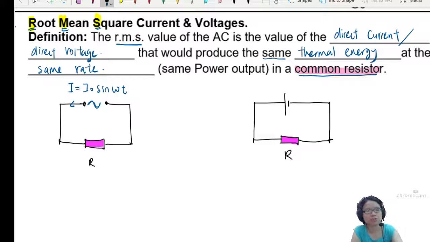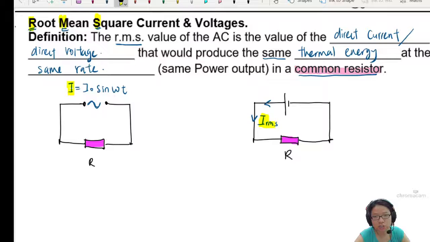So there are two directions. Then this one would be a DC current. This DC current that comes out from this circuit and enters this one will be the root mean square current. So what I'm trying to do is find a way to relate I to I RMS.